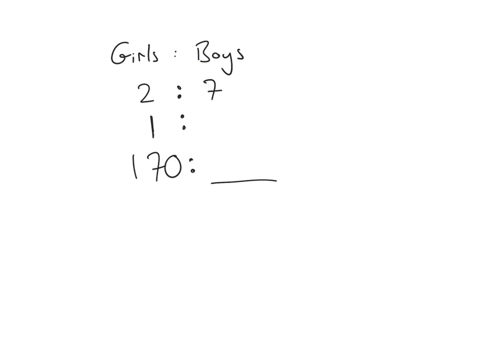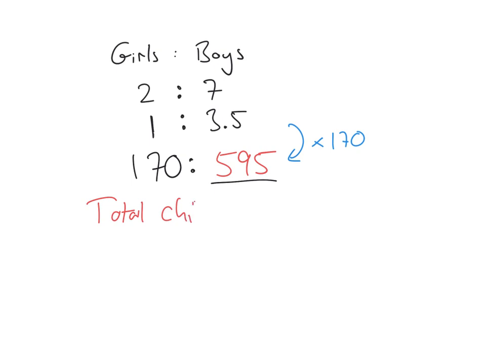If we do this, we can rearrange our ratio so that we have the number of girls being 1, and that gives us 3.5 boys. To find out how many boys there would be with 170 girls, we have to multiply this by 170, giving us 595, and this is going to be our first mark.